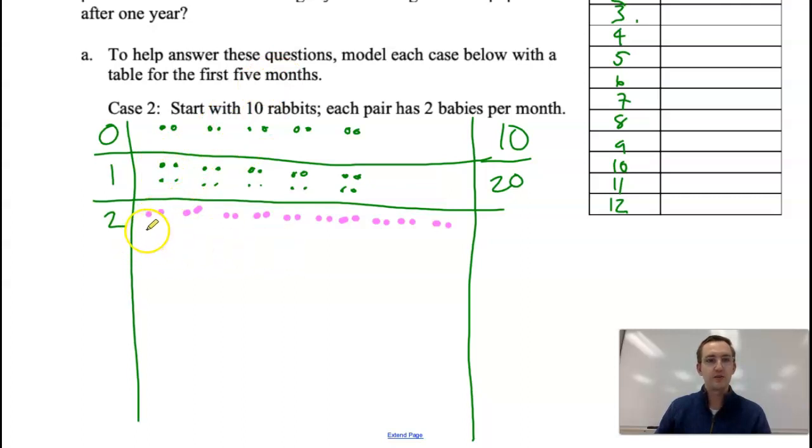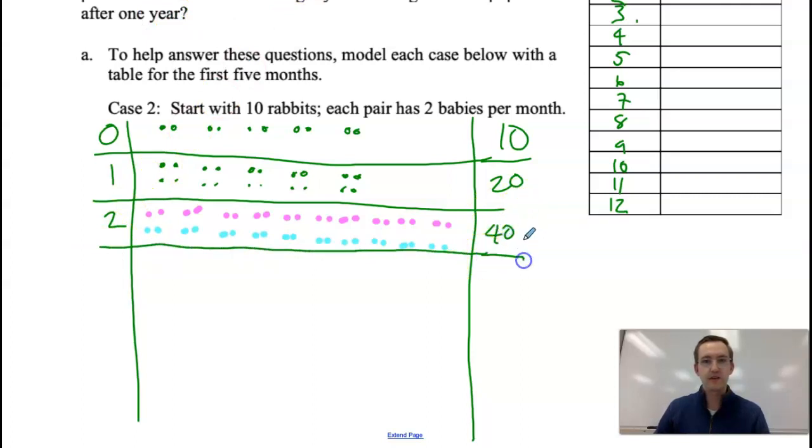Each pair has 2 more babies, so we draw 20 more dots. It looks like a pattern is starting to emerge again, because if we count all those dots up, we're going to get 40 yet again. So again, we're taking 10 times 2 to get to 20, and 20 times 2 gets us 40.